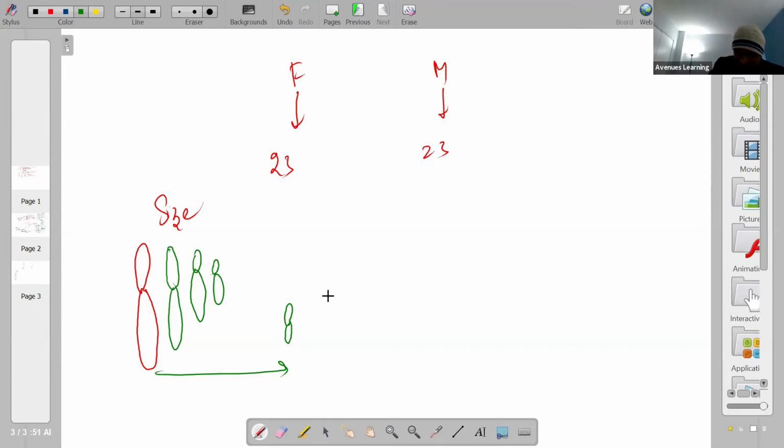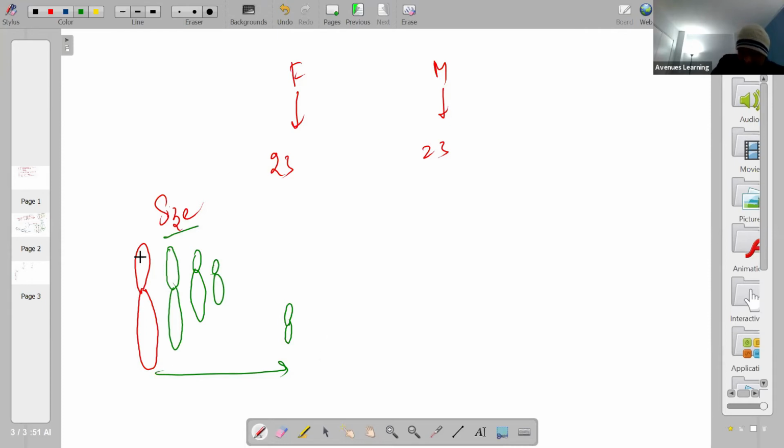And then you have your X or Y chromosomes, depending on the combinations that you have. Now, they're numbered based on the size.